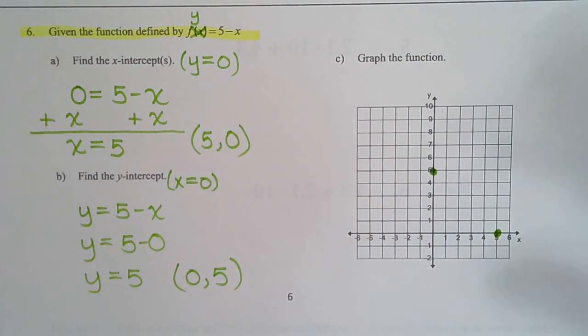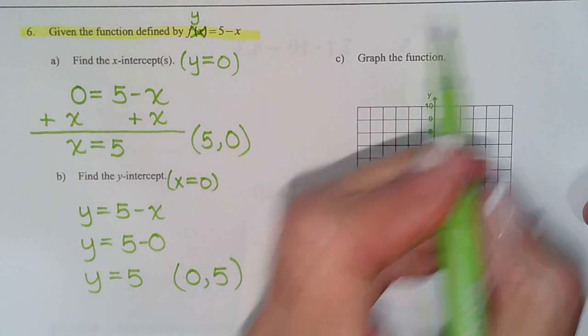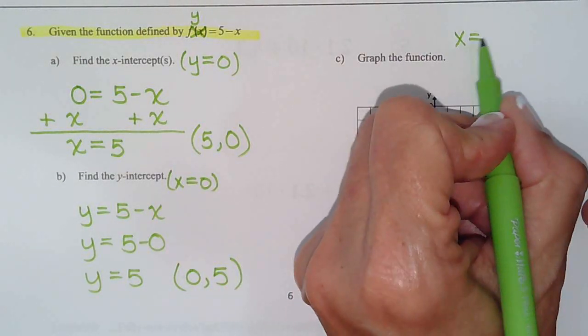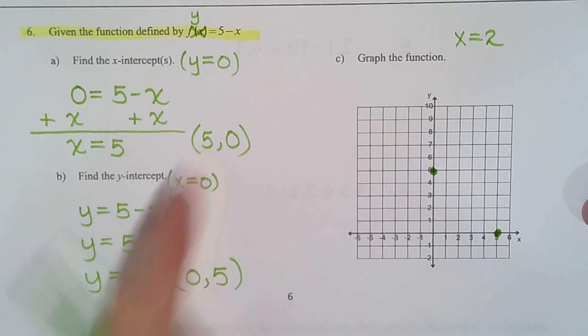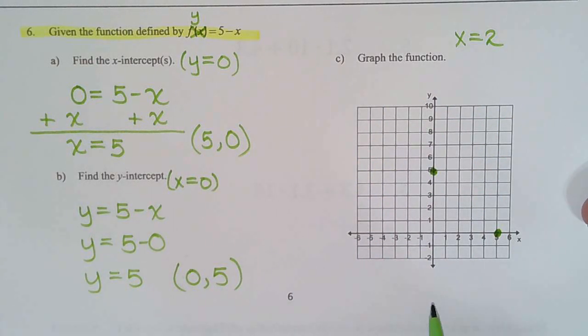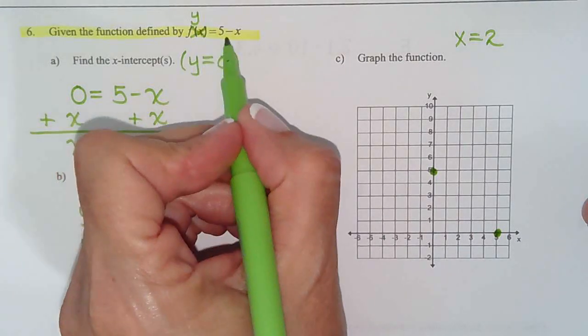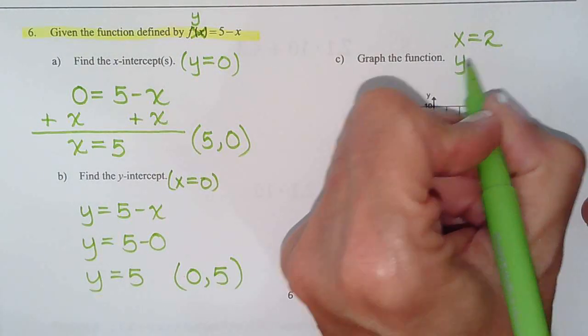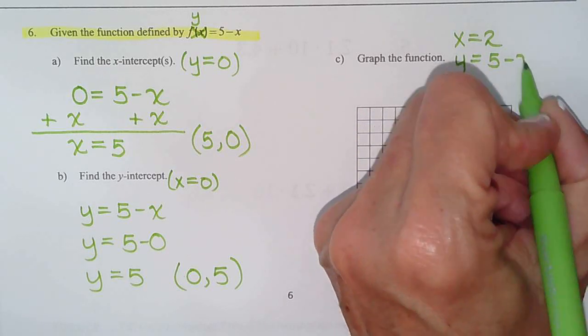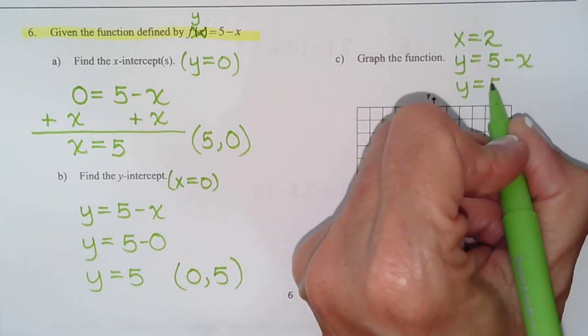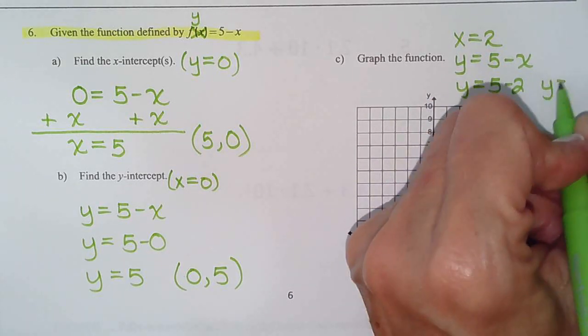And if we want to find a point in between, like I said before, let's try 2. X equals 2, because so far I have x equals 5 and x equals 0, so I just picked one in between. If it lines up with these, then we can go, yes, I did this right. So y equals 5 minus x, put 2 in, y equals 5 minus 2, so y is 3.